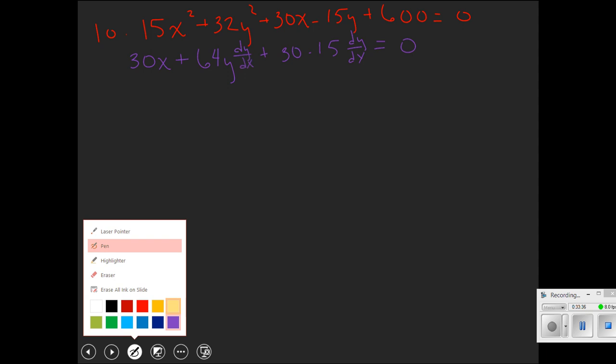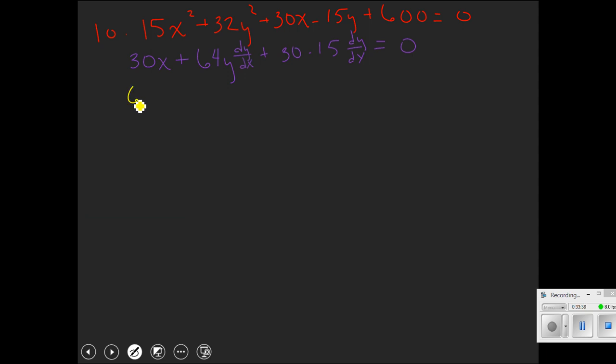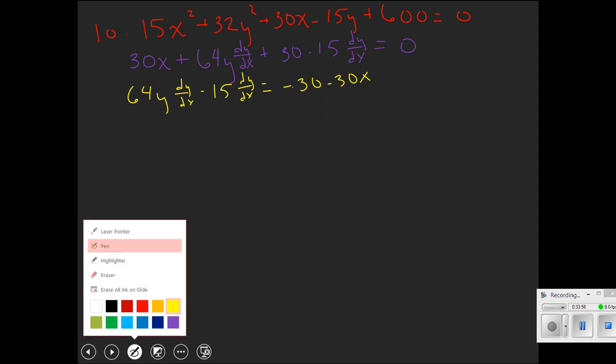Solving for dy/dx, I'm going to move stuff around, so we have 64y dy/dx minus 15 dy/dx equals negative 30 minus 30x. Go ahead and factor that out.